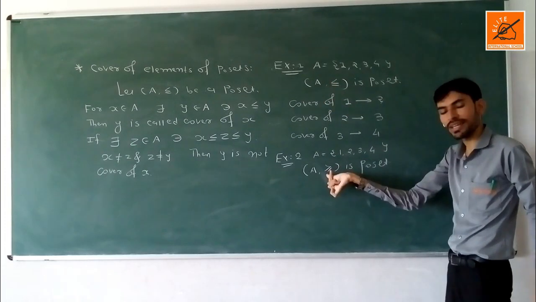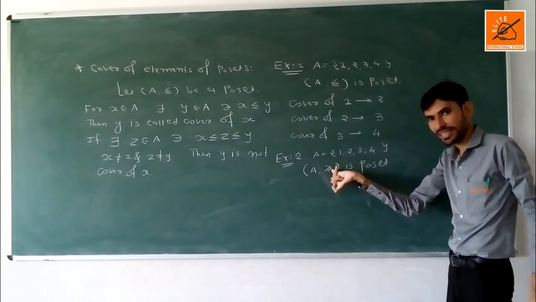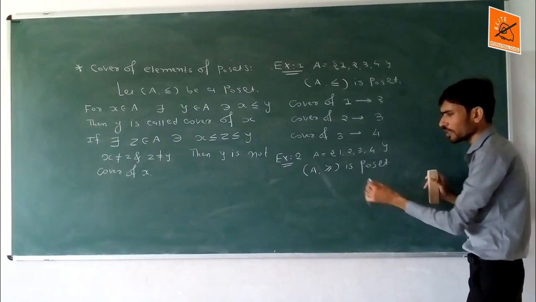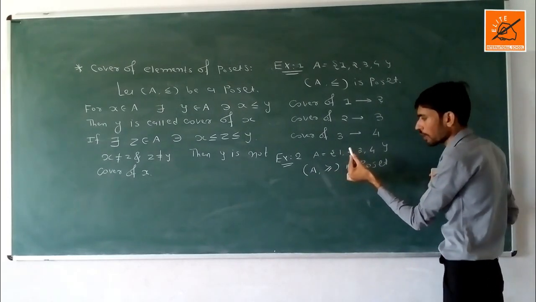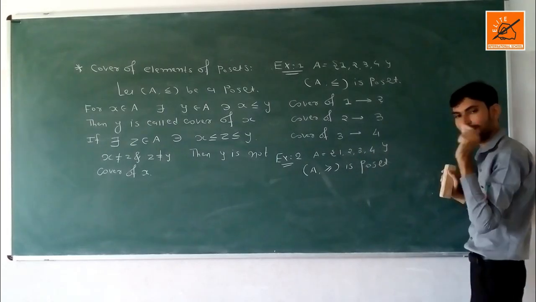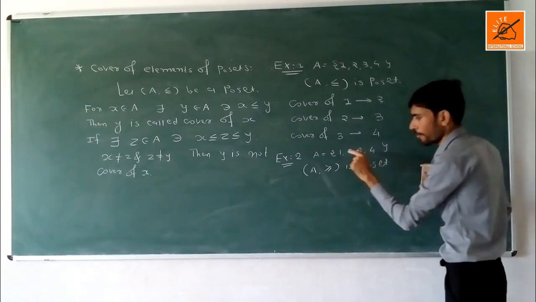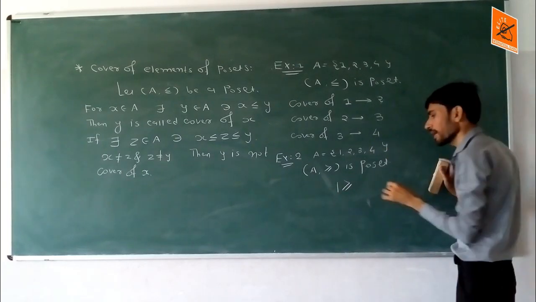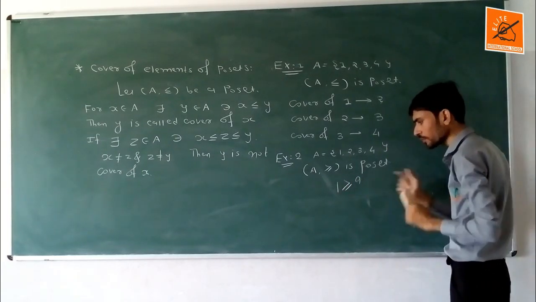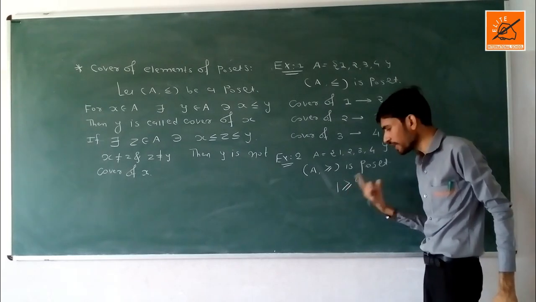In the second example we consider the relation greater than or equal to. So here we find the cover of 1, 2, 3 and 4. But in this example there does not exist an element which is related with 1.